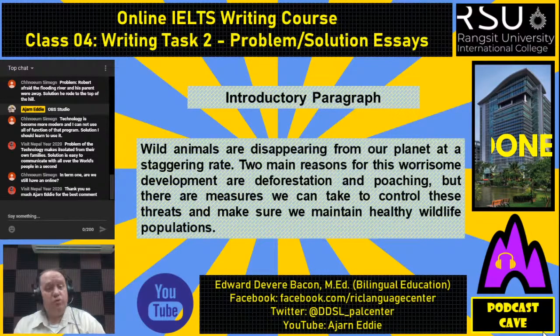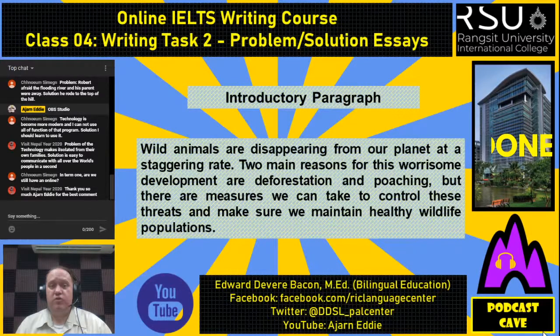Okay, so this one is taking a different approach. They're telling us what the problem is and the reasons behind the problem. And then they finish off the introductory paragraph by stating, we have a solution, but I'm not going to tell you what it is. You got to read my paragraph. So this is actually a pretty good approach, because in the previous essay, you already told us the problem and the solution.